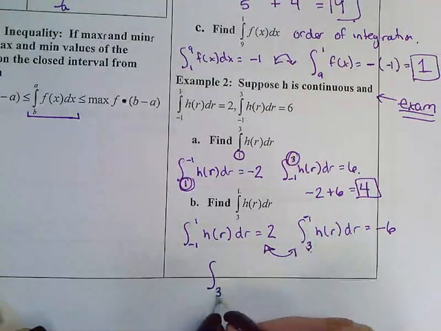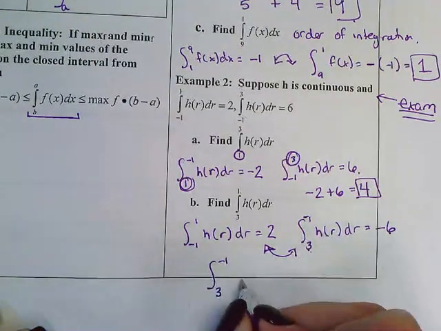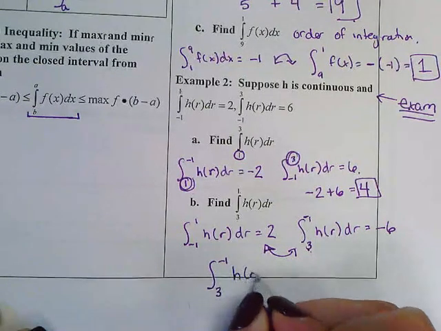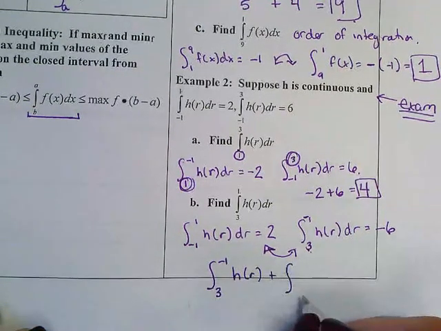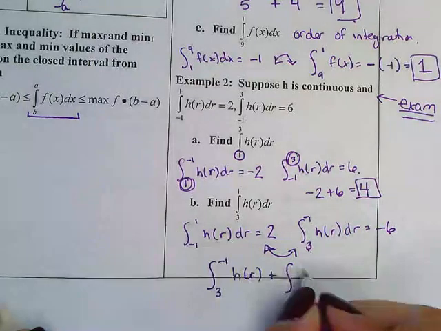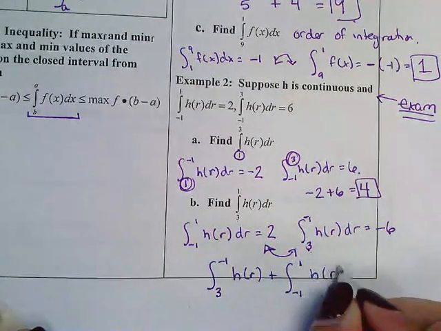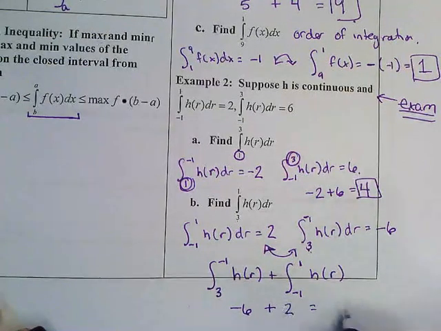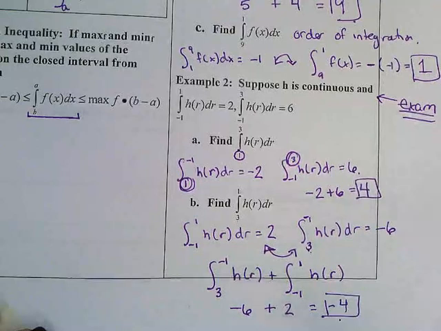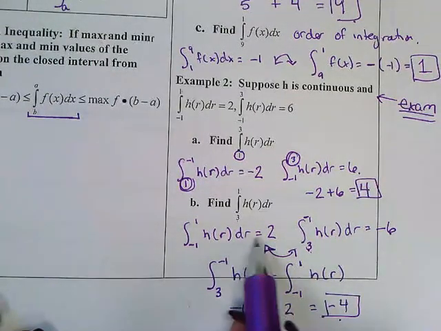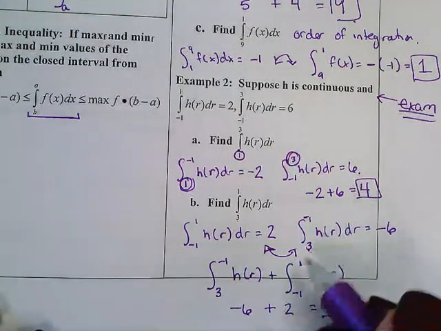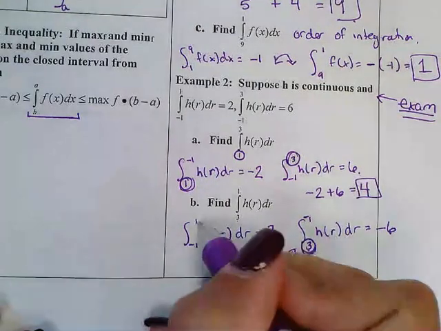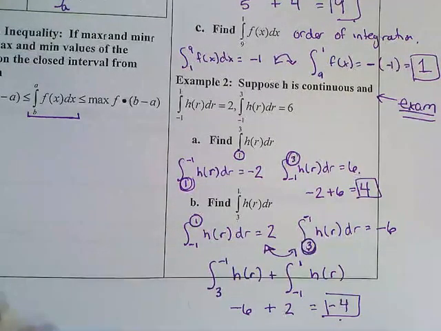So we want from 3 to -1 of h of r plus from -1 to 1 of h of r. So that is going to be -6 plus 2, which is -4. Okay, so we should have put them backwards, but you can kind of see that it still works. The 3 is at the bottom and the 1 is at the top. Okay.